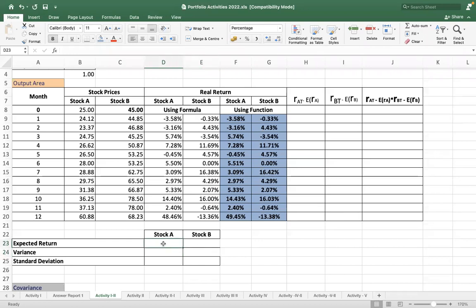Let me calculate the expected return of stock A. How do we calculate it? What is the expected return?